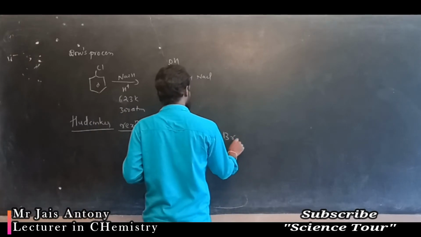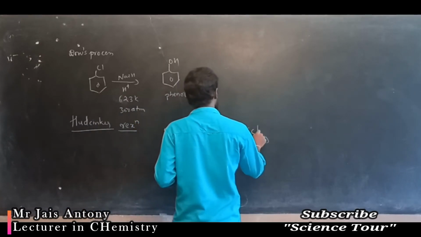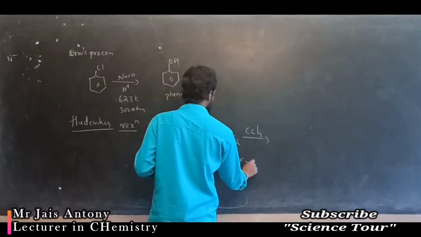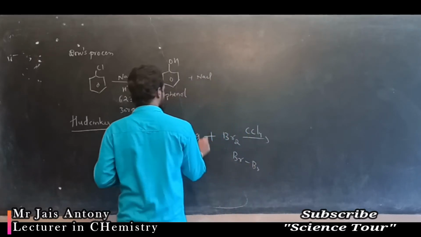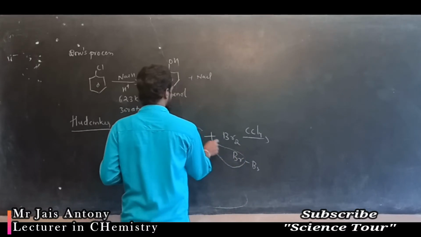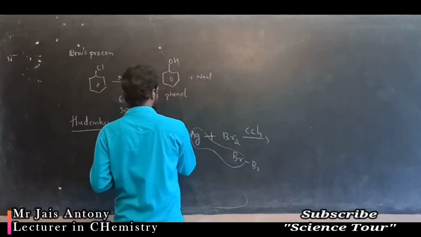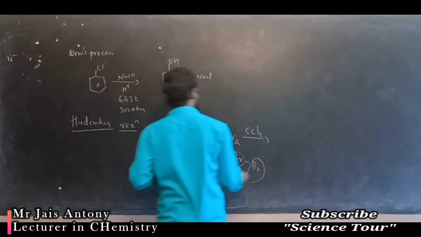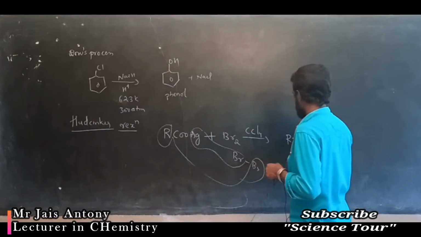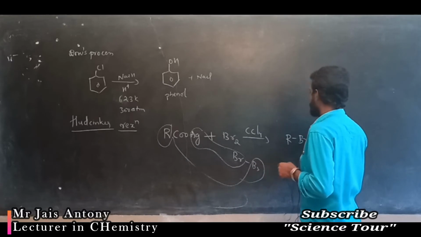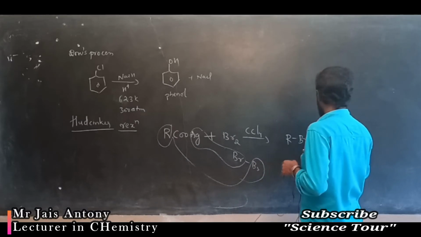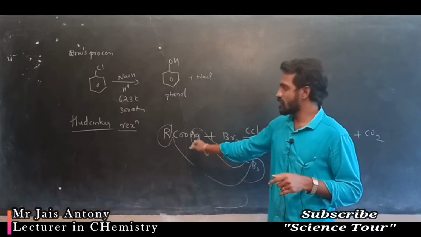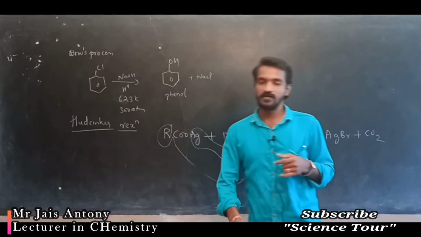Bromine looks like Br2, in the presence of CCl4. How does bromine react? One of the Br is attached to the Ag as AgBr and one of the Br is attached to this particular R. So it gives RBr, AgBr and carbon dioxide. This is the Hunsdiecker reaction.